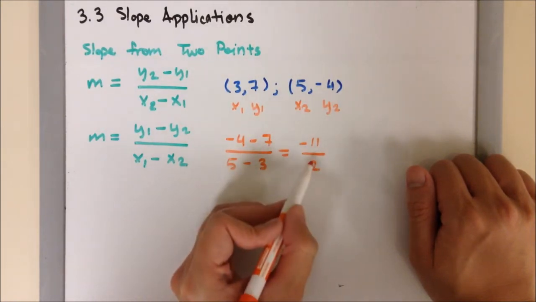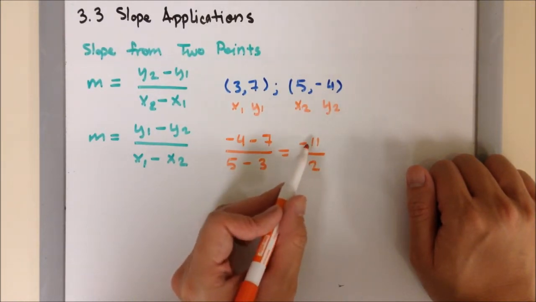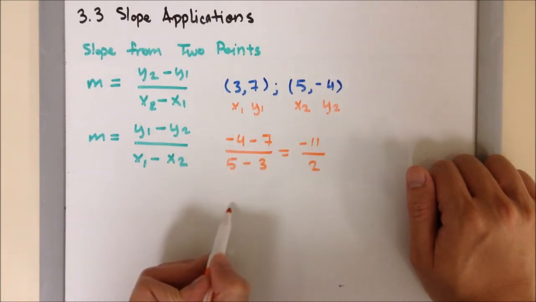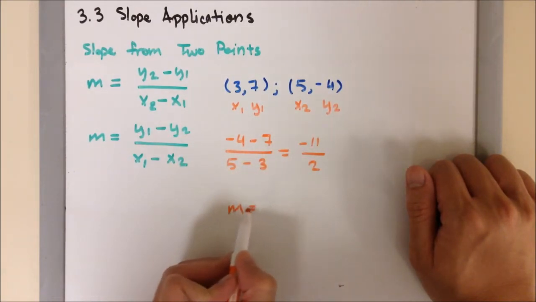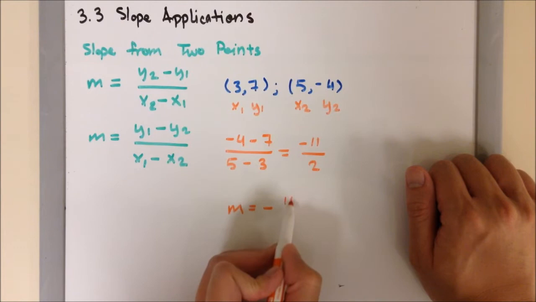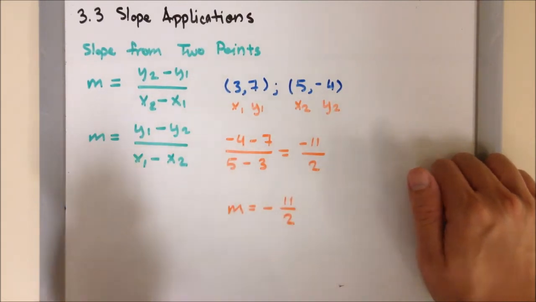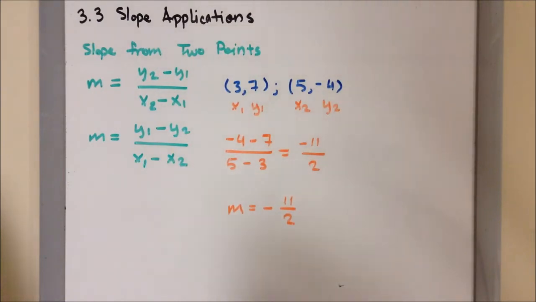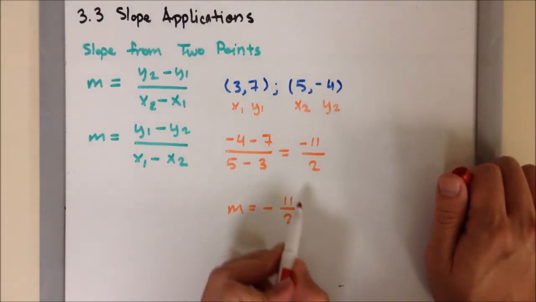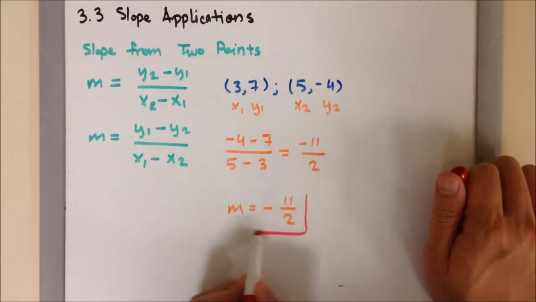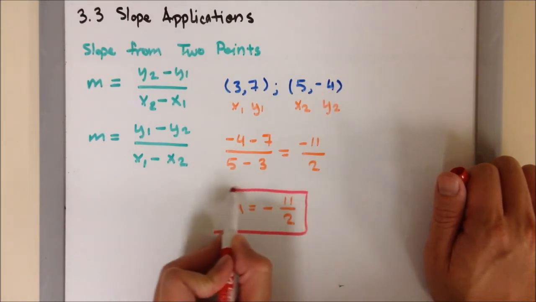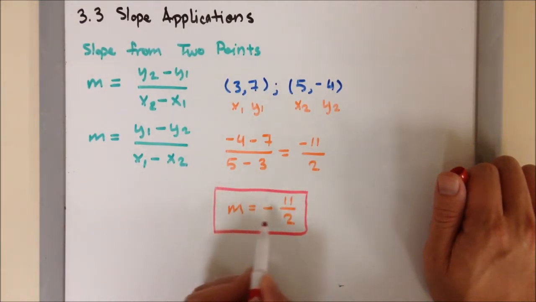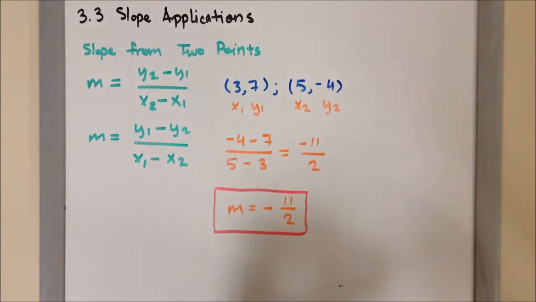I can't simplify the fraction because there's nothing in common between the top and the bottom. So my final answer for the slope is m equals -11 over 2. And that's all you have to do. But when you have a fraction, always check if you can simplify. In this case, we cannot. So my final answer is m equals -11 over 2.